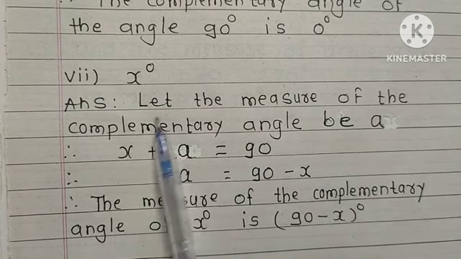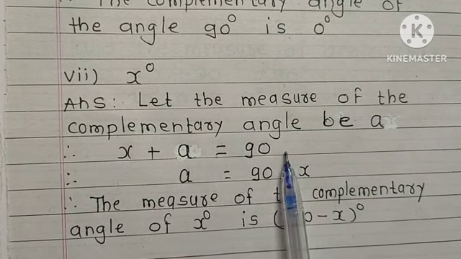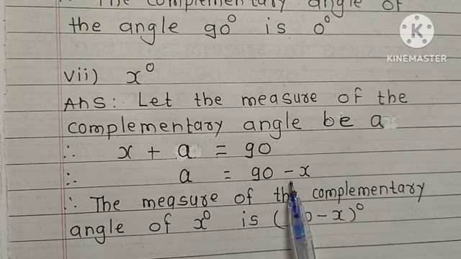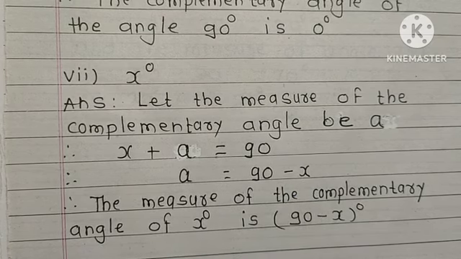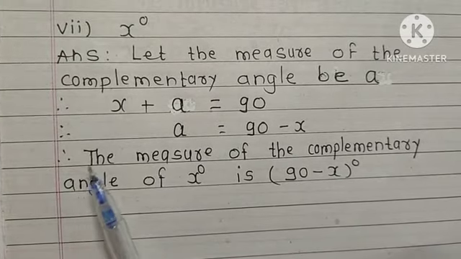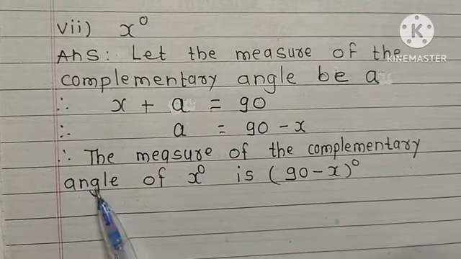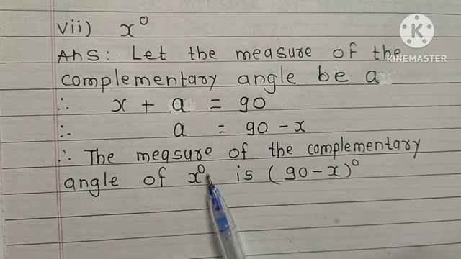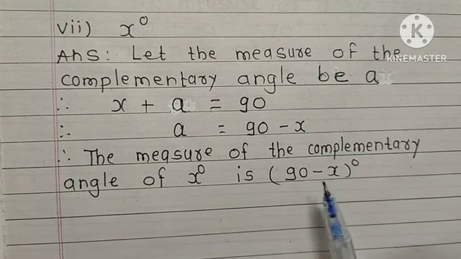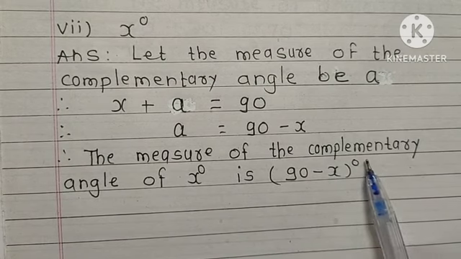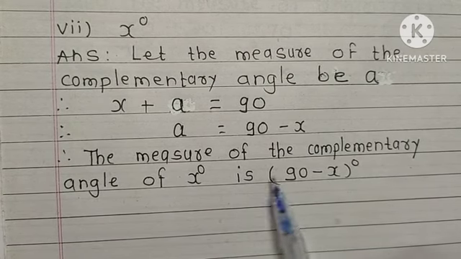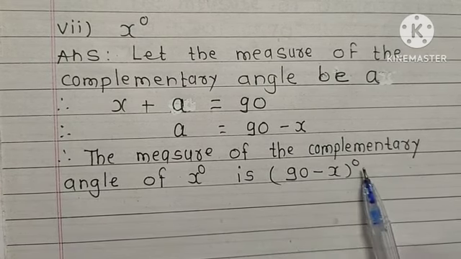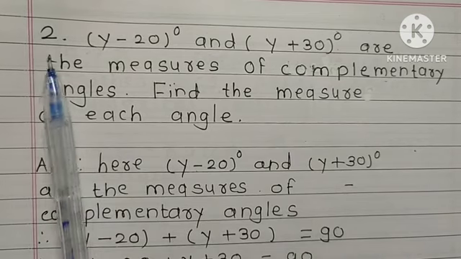So taking this x to right side, it will become negative. 90 minus x is A. That means the measure of the complementary angle of x degree is 90 minus x degree. Write this in bracket and then degree. Now question number 2.